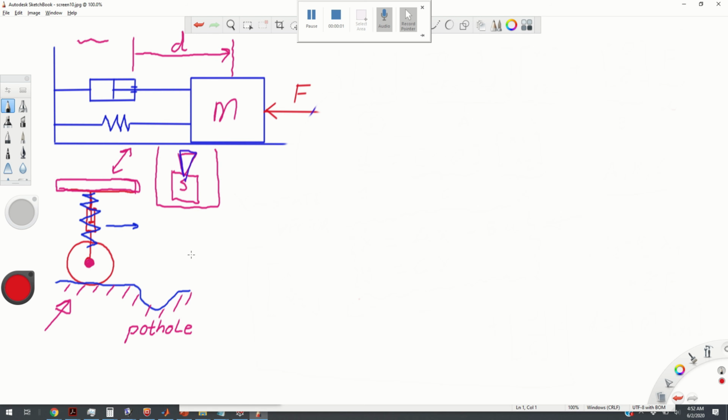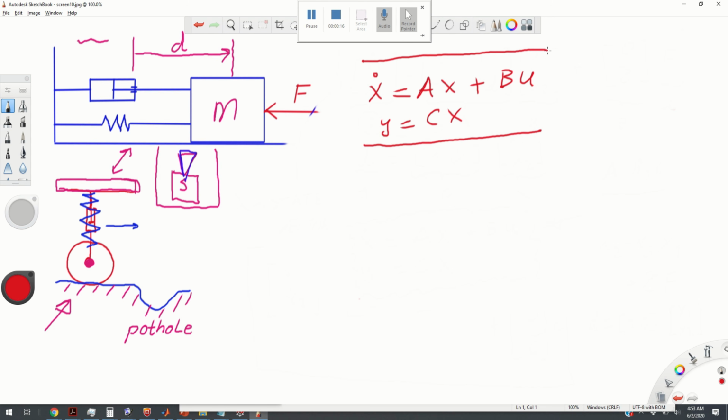Now, the main problem here is that our state space model is in a continuous time domain. And from the estimation perspective, or from the learning perspective, from machine learning's perspective, this is not convenient.